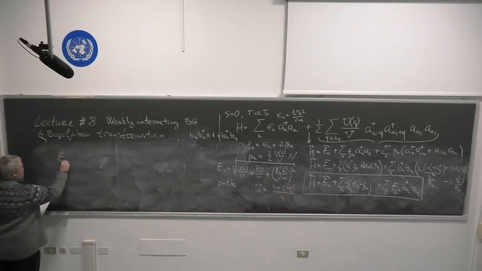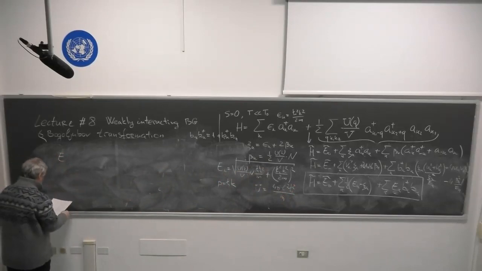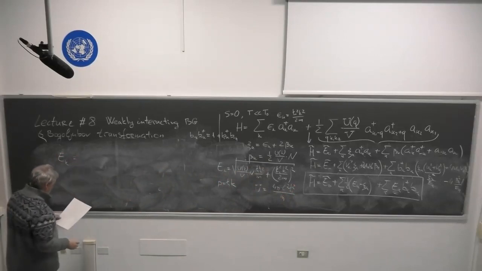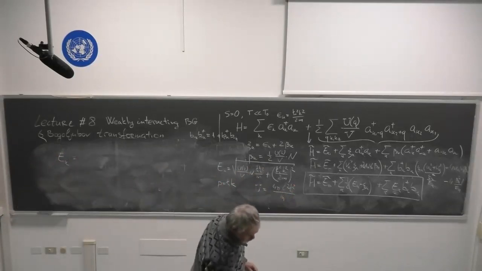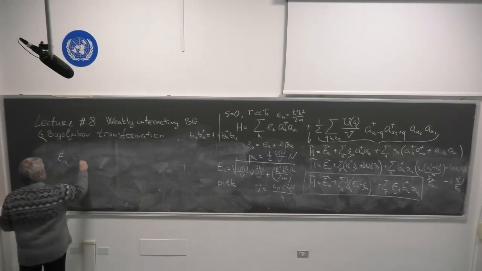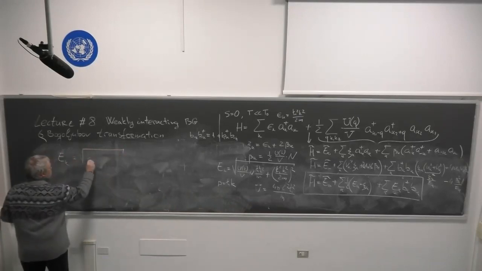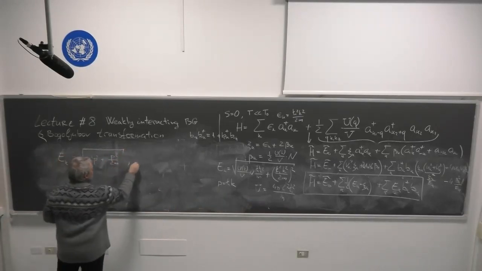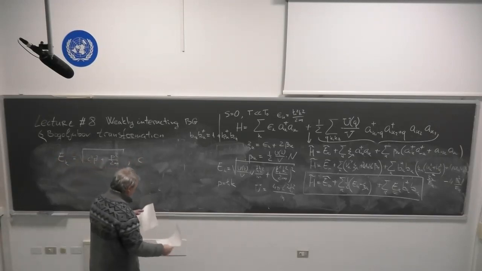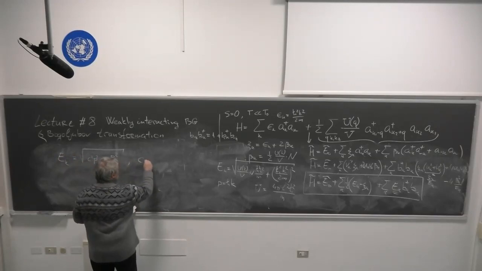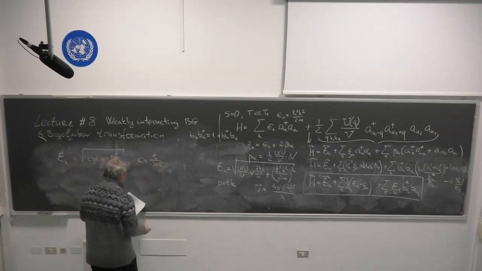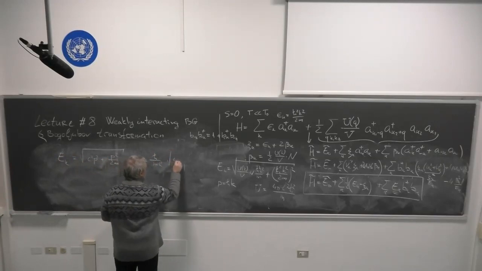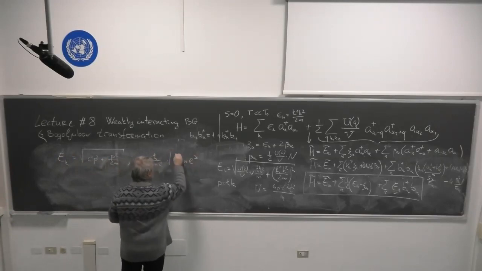So the spectrum epsilon_k is equal to the square root of c squared p squared plus p squared over 2m, where the sound velocity c is equal to h over m l, and here we have a square root of 4 pi n l cubed.